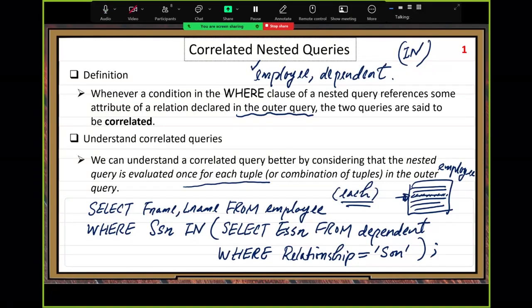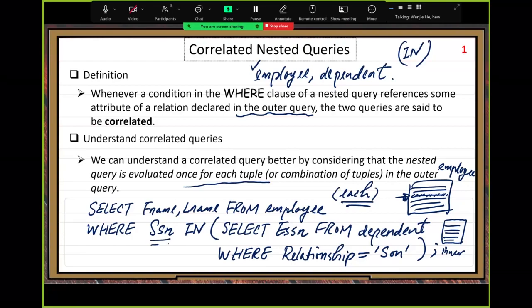So the inner query is evaluated once for each tuple in the outer query. We fix one tuple in the outer query, then we go through all the tuples in the inner query.